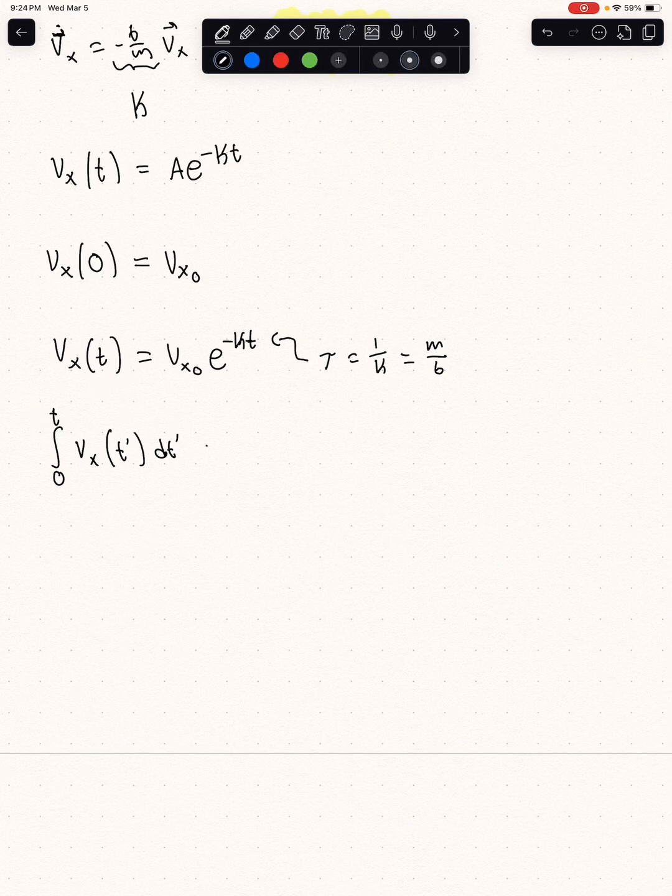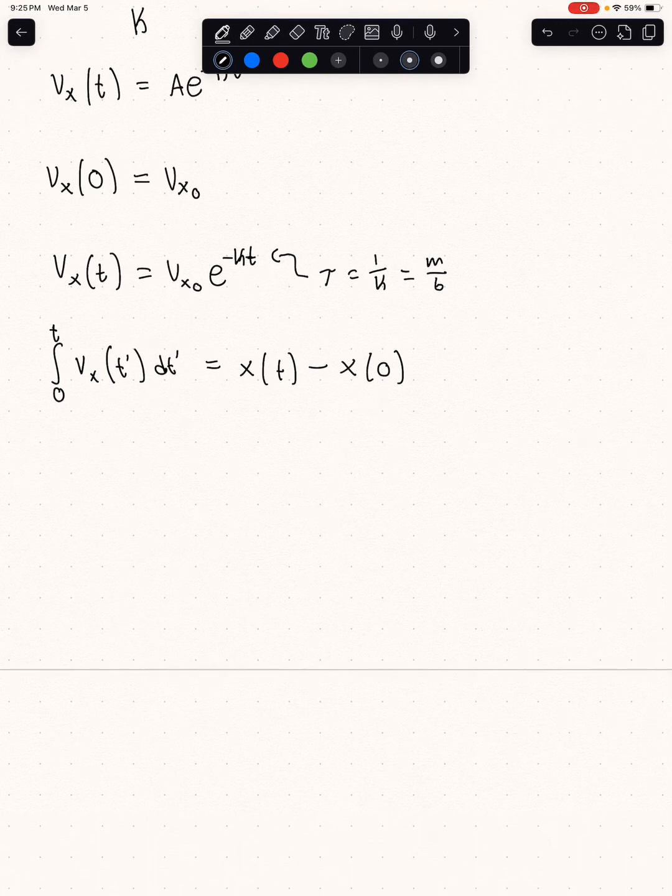All right, and this is equal to the position at t minus the position at time equals 0. Then we can solve this if we just move the position at time equals 0 over to the other side.